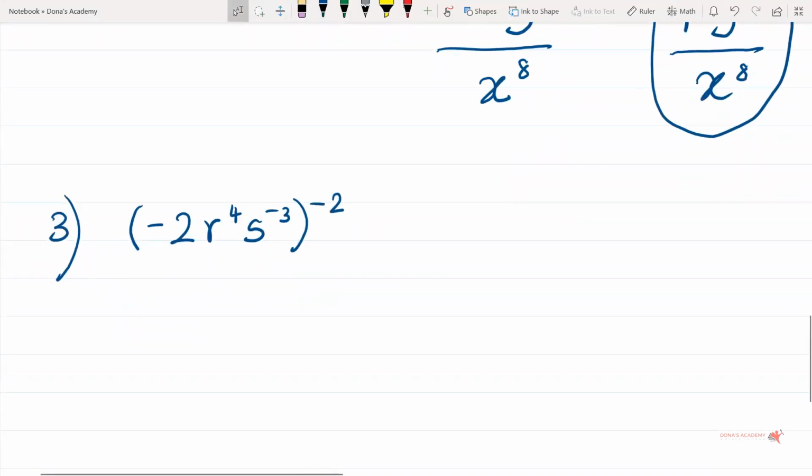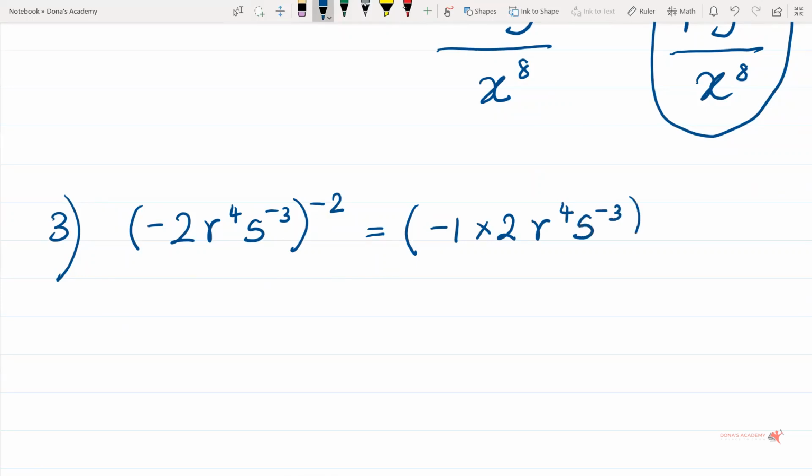So if we apply the rules now, what do I get? Rules means laws of exponents, right? So I can rearrange this like this if you want. Here this is a multiplication symbol, right? It's not an x. All right.